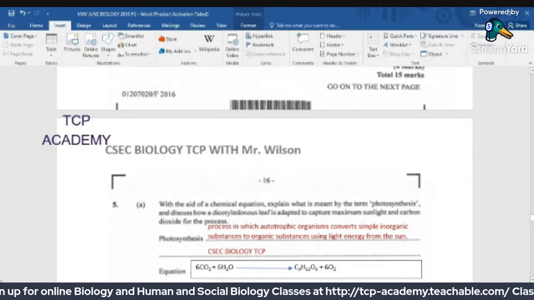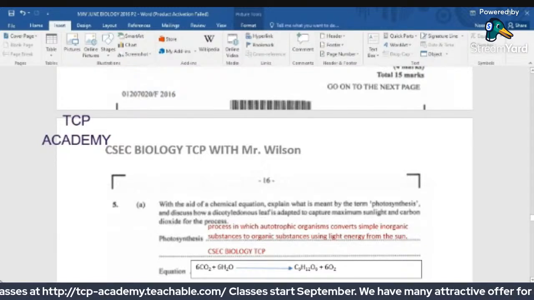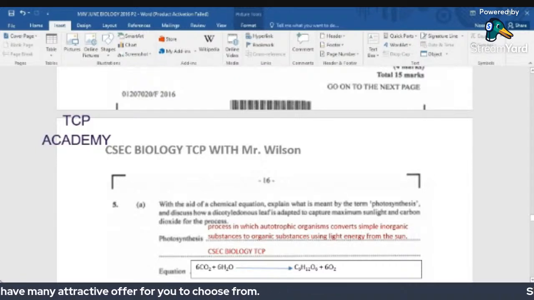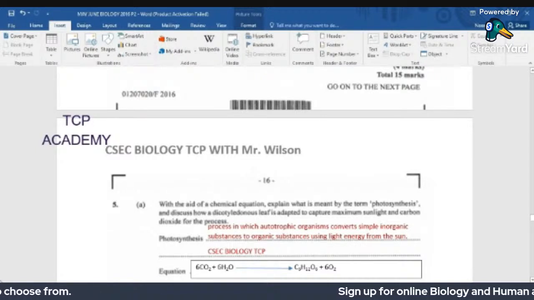Photosynthesis is pretty much a process in which autotrophic organisms convert simple inorganic substances to organic substances using light energy from the sun. I know that you were expecting the primary school definition, but stick to the definition that the syllabus is arguing.